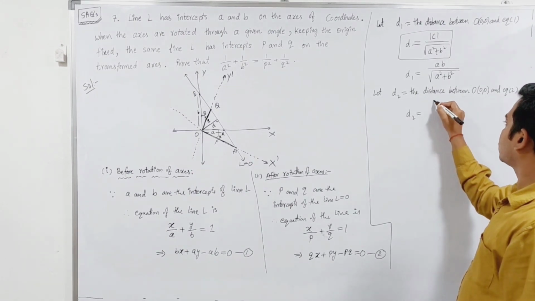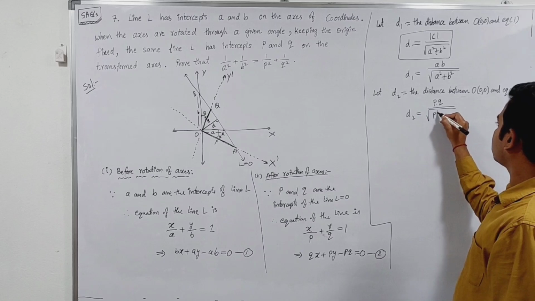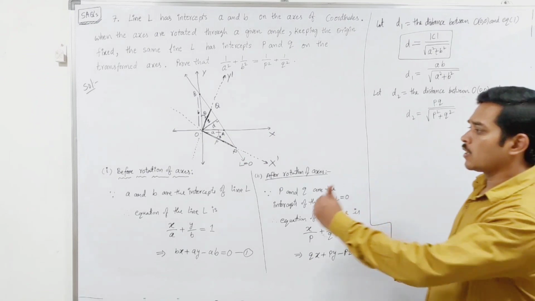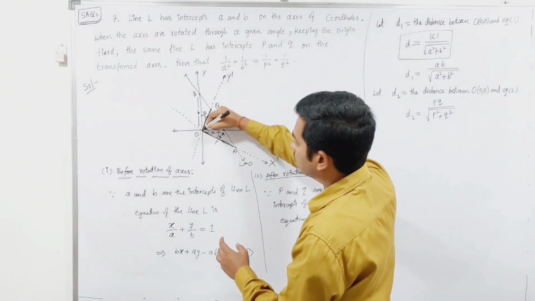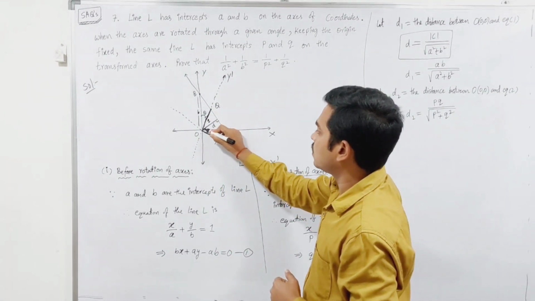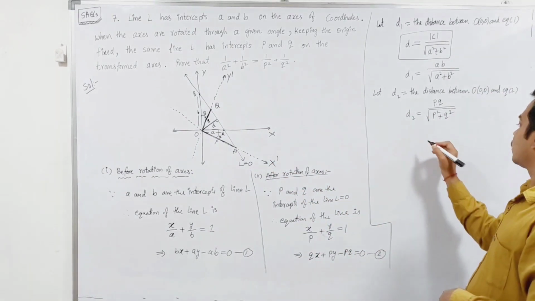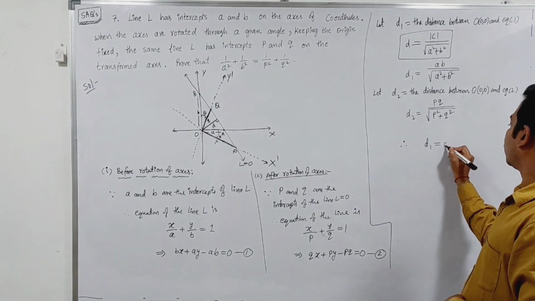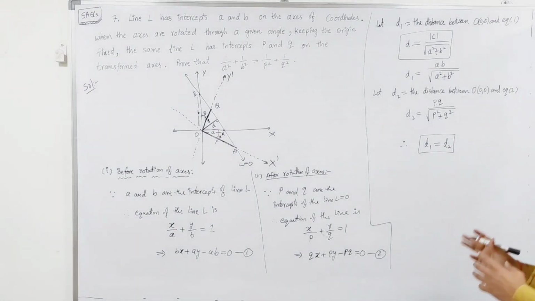Mod of minus pq means plus pq by under root of p square plus q square. Before rotation of the axis and after rotation of the axis, the position of the origin and the position of the line did not change, so the distance also never changed. In the two cases the distance never changed, therefore d1 equals d2.